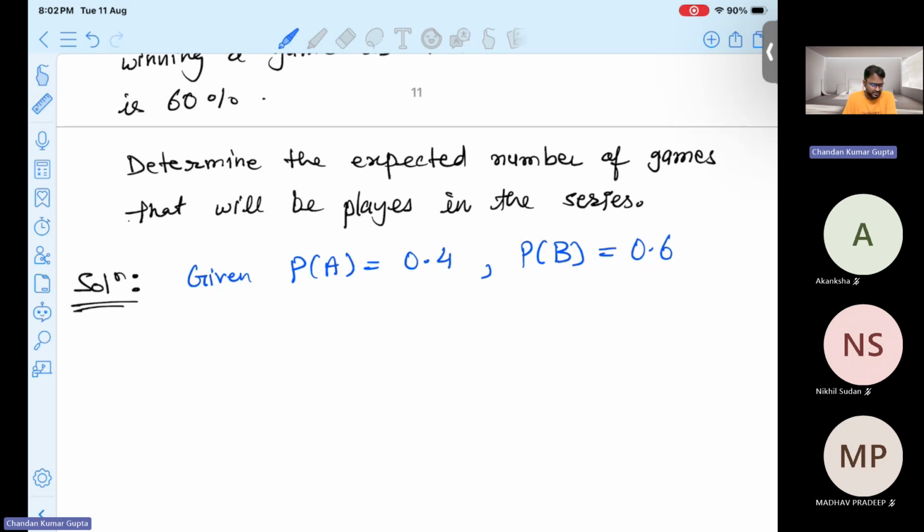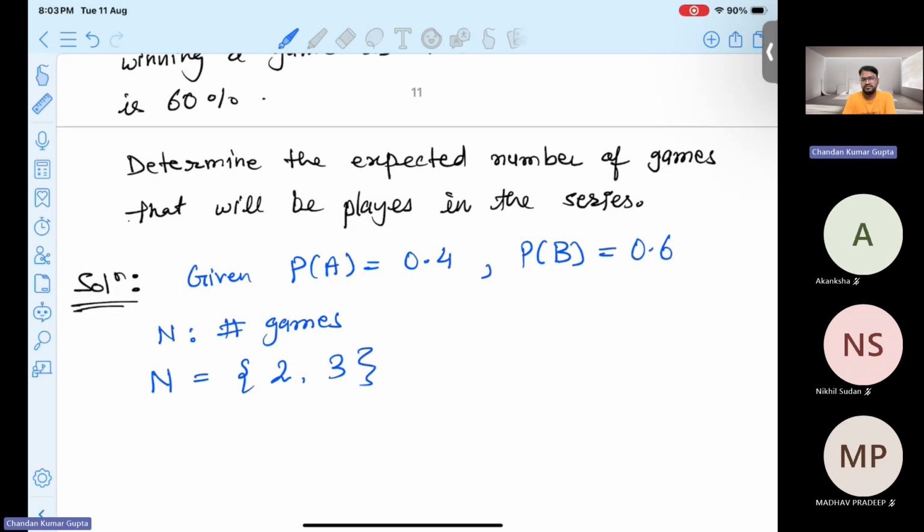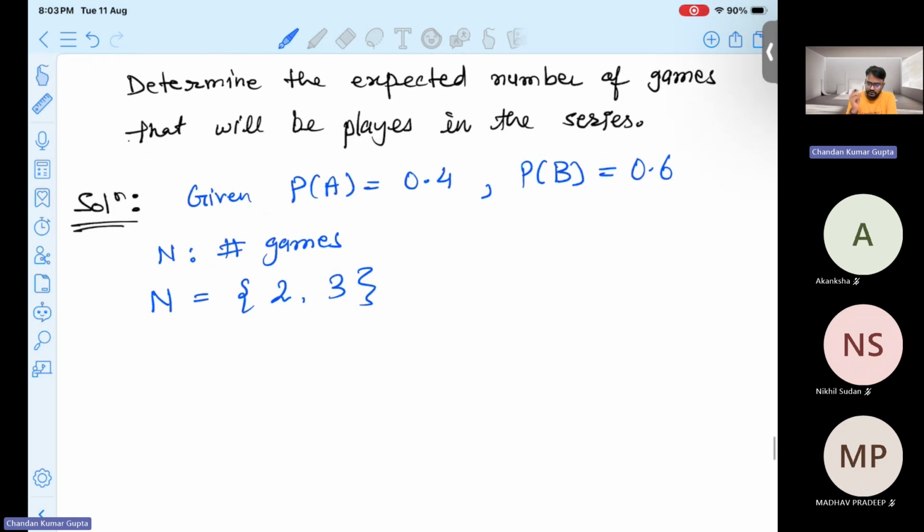Either there will be two games or three games. So if n is the number of games, then the possible value of n will be either two or three.